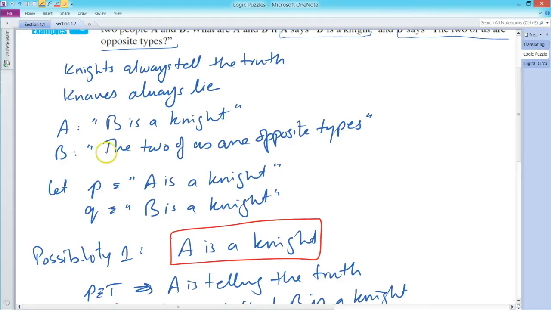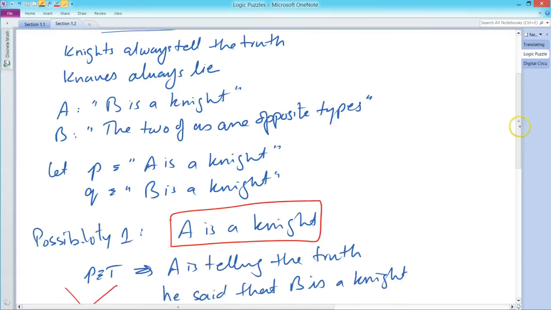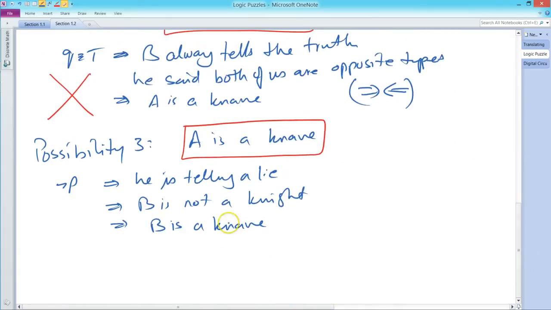This means that the two of us are not of opposite types, or the two of us are of the same type, which is consistent with what B said, and hence we can see that this assumption is telling us that both A and B are knaves.